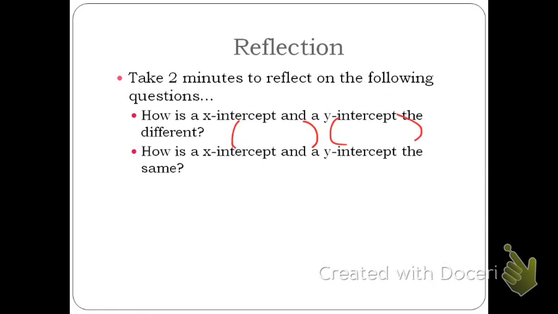Well, it's the place where one of them is equal to 0. The x-intercept is when y is equal to 0, where the y-intercept is when x is equal to 0. So how are they the same? Well, they both are at a point when one of the coordinates is equal to 0.